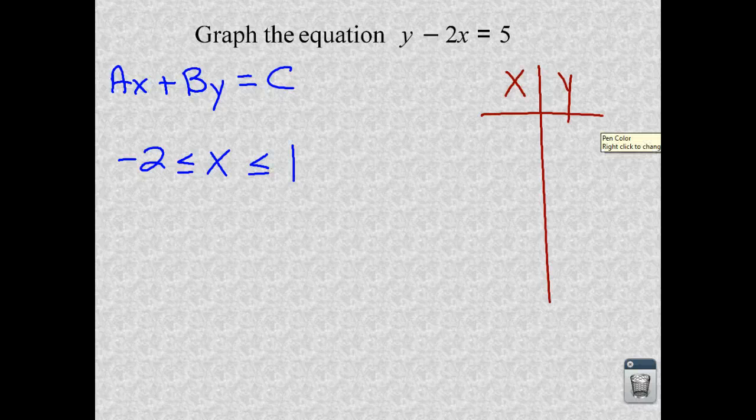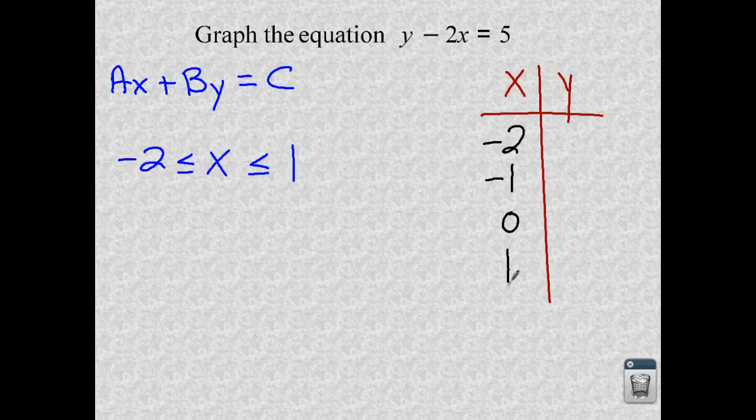So x is going to be greater than or equal to -2, all the way up to and including +1. Now that gets us half of our values. In order to get the other half of our coordinate pairs, our y coordinates in the ordered pair, we're going to use our equation to help us find that.